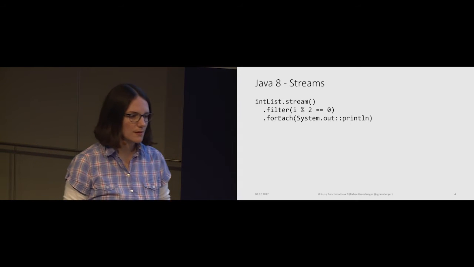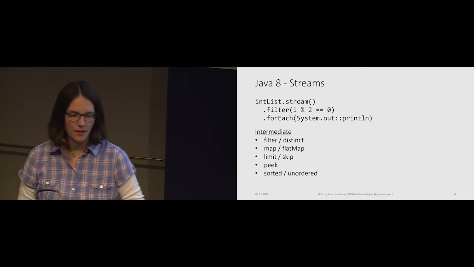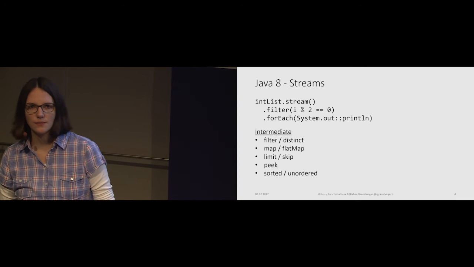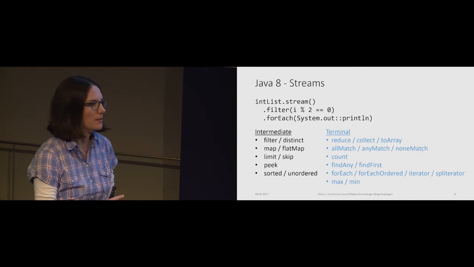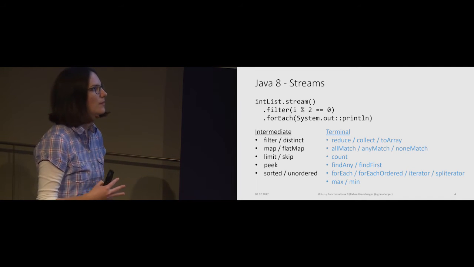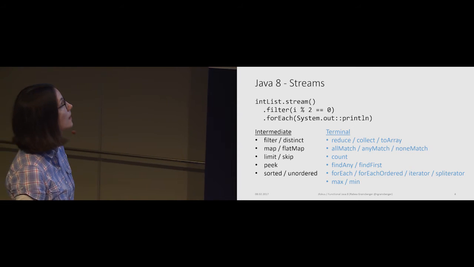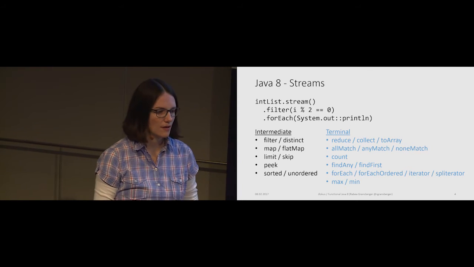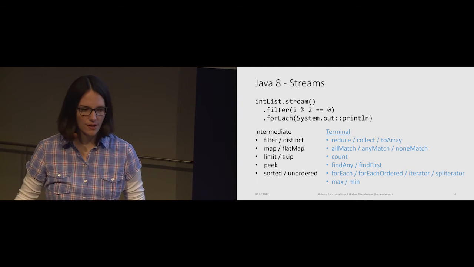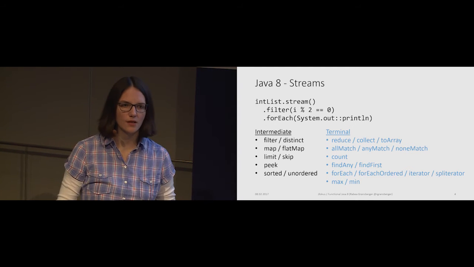And with the streams, we now have intermediate operations and terminal operations, which allow us to do filter, map, reduce, which has been known from other libraries previously as well. The difference is that with an intermediate operation you are still on a stream, so you can apply more intermediate operations.